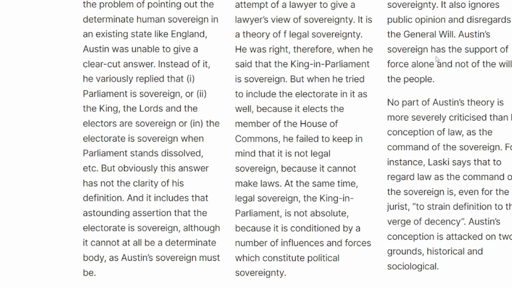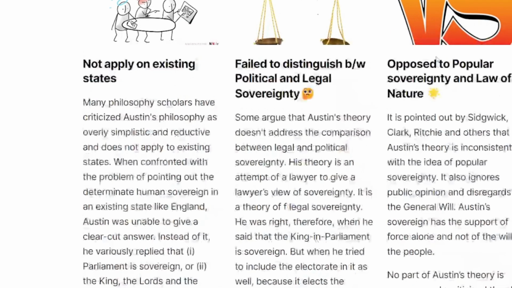So there is no clarity in his answer, and it includes the astounding assertion that the electorate is sovereign, although it cannot at all be a determinate body, as Austin's sovereign must be, right? Second critique, he failed to distinguish between political and legal sovereignty.